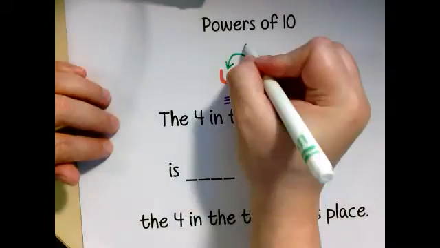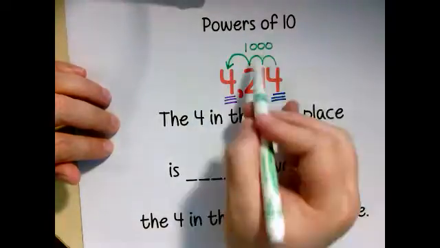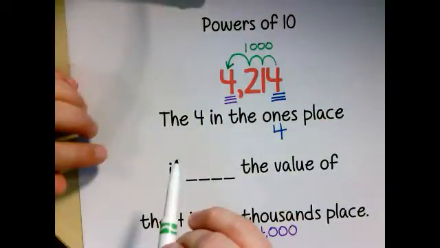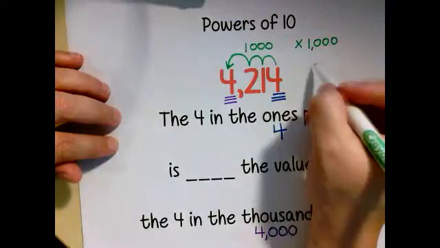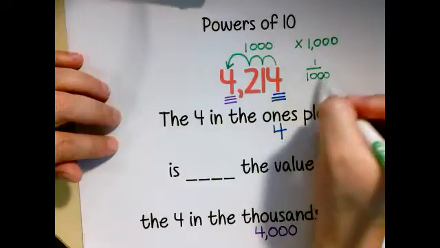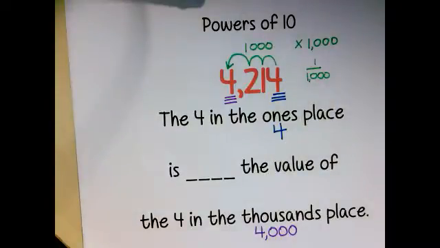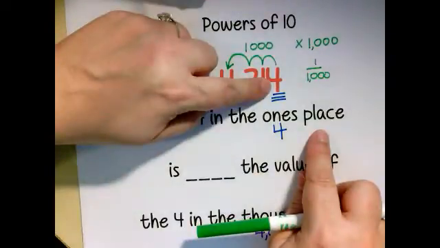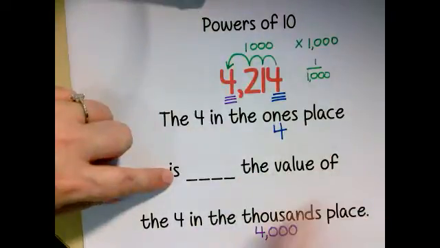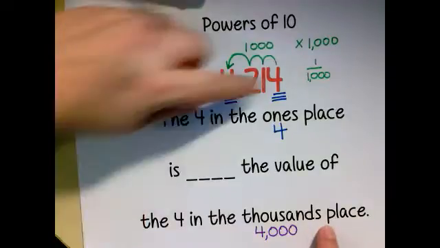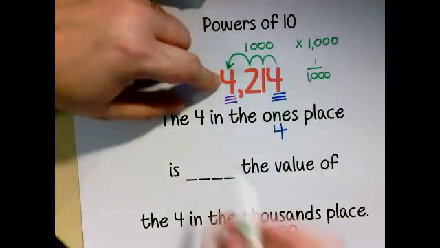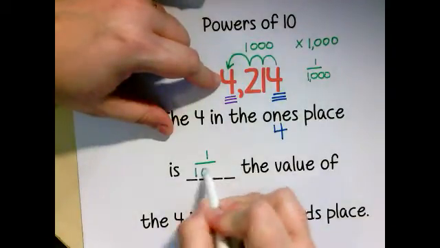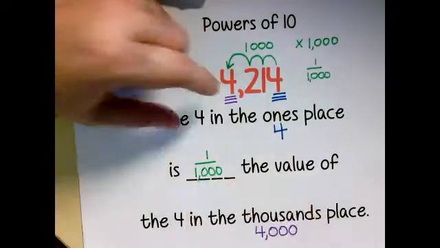So that's going to be 1,000 because there's 3 jumps and then there's 3 zeros. So is it going to be 1,000 times bigger or 1,000 times smaller? So the 4 in the ones place is blank the value of the 4 in the thousands place. This little 4 over here is a lot smaller in value than this guy. So it's going to be 1/1000th. That says that it is smaller.